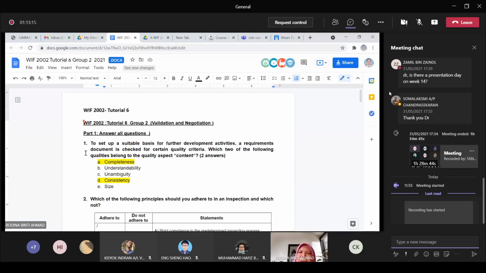Which 2 of the following qualities belong to the quality aspects of the content? You answered completeness and consistency. Very good, I would agree with you. The requirements document should be complete as well as consistent. The requirements within it should be consistent, not conflicting with each other. So the qualities A and D are the most important for the requirements document. Thank you. Great.